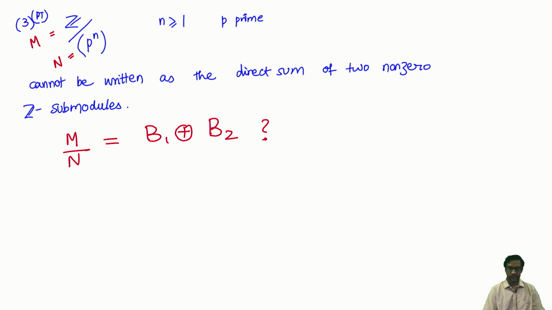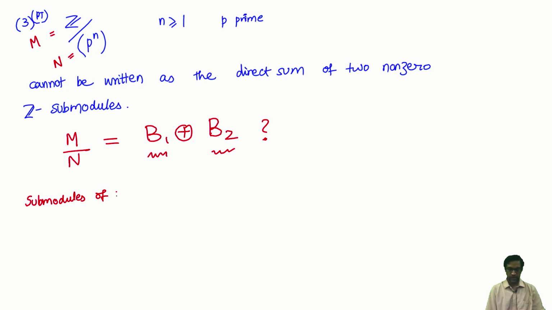To do this I need to understand what the possible submodules B1 and B2 are. What do submodules of my quotient look like? If I can figure that out first, then I can try and prove that you can never decompose in this way. So the first step is to understand the submodules of M mod N, and by the previous problem we know what they look like.